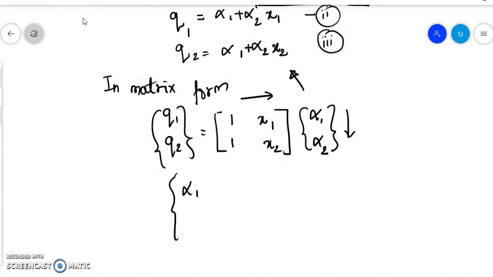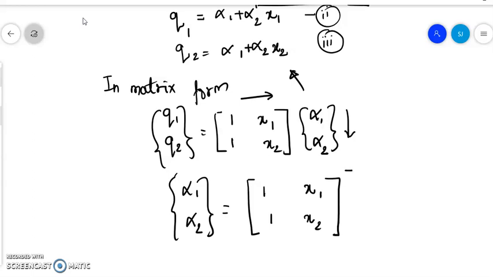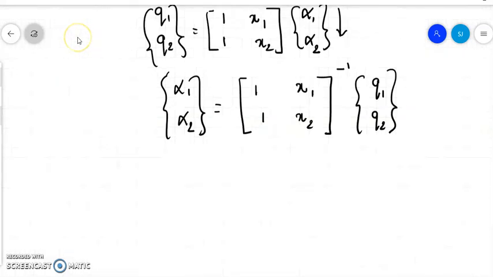I want to find out what the constants are, that is, alpha 1 and alpha 2. So the matrix becomes inverse. The inverse of a matrix is given by 1 upon the determinant of the matrix. Say we have A and we need to find A inverse.